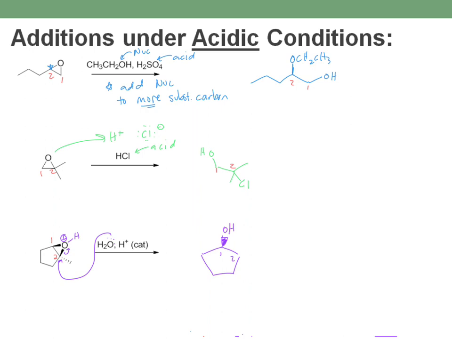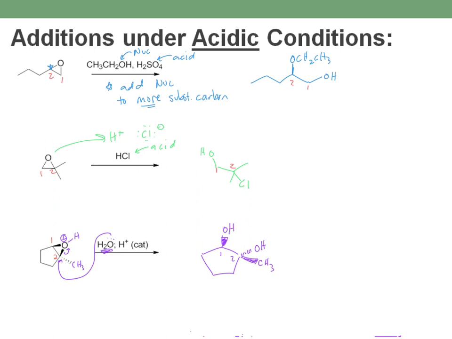And that means my water, in this case my nucleophile, is going to end up on the bottom face, right? Because it has to attack from the opposite side of where that protonated epoxide was. Now this CH3, this methyl that was a dash, got pushed up into being a wedge, because it kind of gets forced up into that position during those transition states and intermediates. And so this would be my product for an example like that.